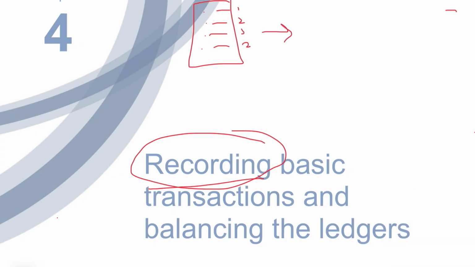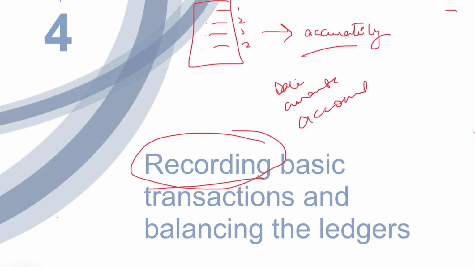We have to record each and everything accurately, like dates, amounts and the accounts. If everything is recorded accurately, then there would be no error. And if there is an error, we have to find out and settle all those errors.